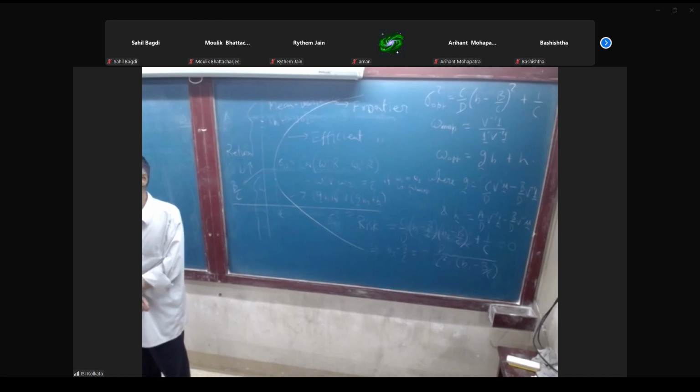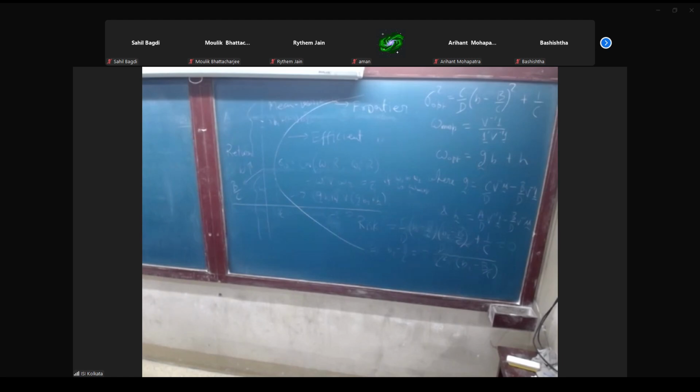What I'm trying to say is that if you pick a sigma 1 value, then knowing sigma 1, you know sigma 2. So the 3 parameters, sigma 1, sigma 2, and sigma 1 2, are not independent. If you know two of them, the third is known.